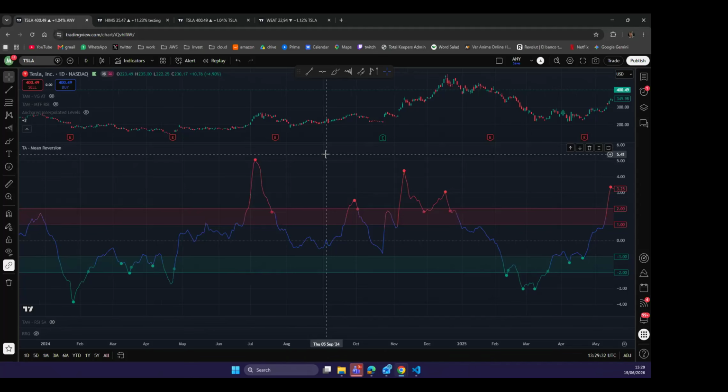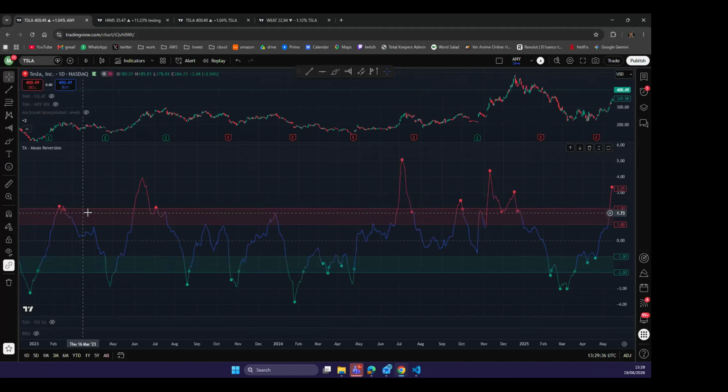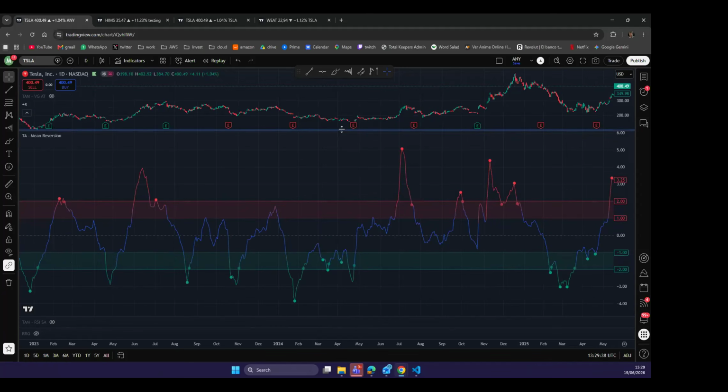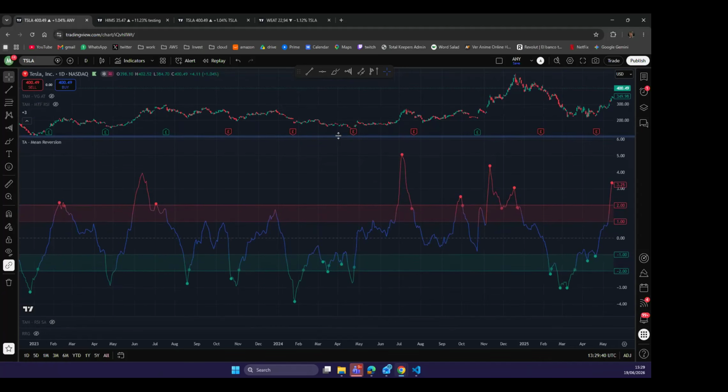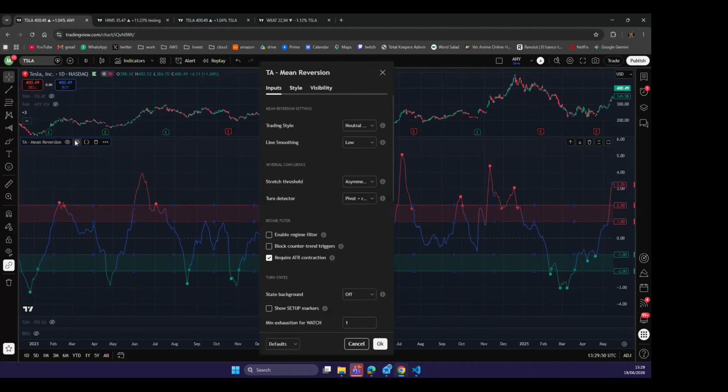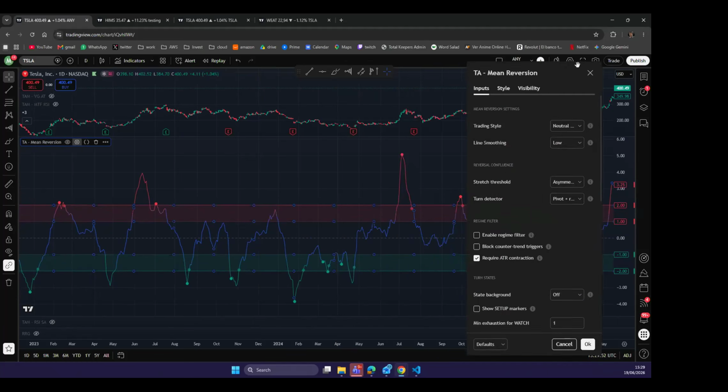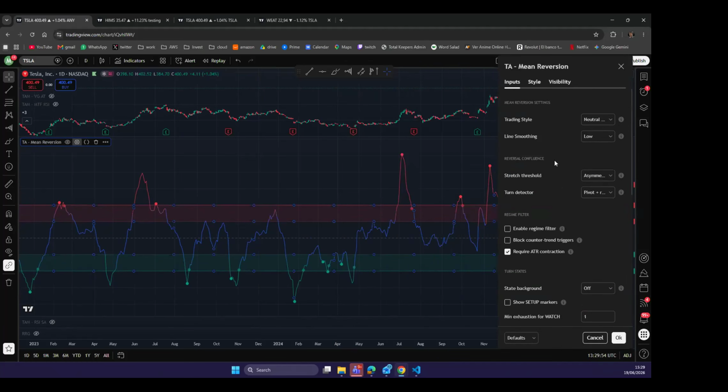One other important concept is that, by design, it's meant to be played asymmetrically. I think most of us have heard the saying that the market goes up 80% of the time and down 20% of the time, or similar. If we go into the settings, especially the reversal confluence, you will see the stretch threshold.